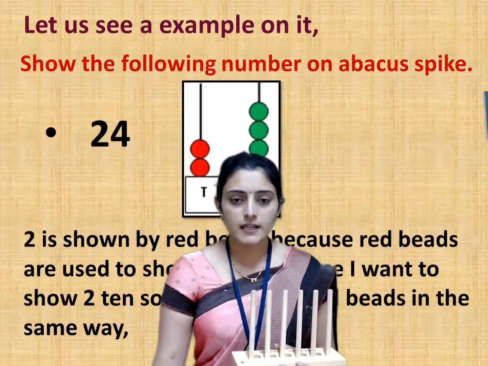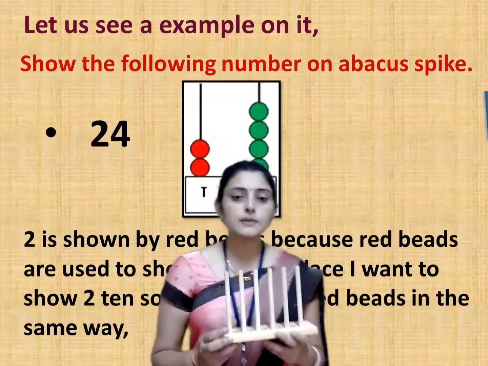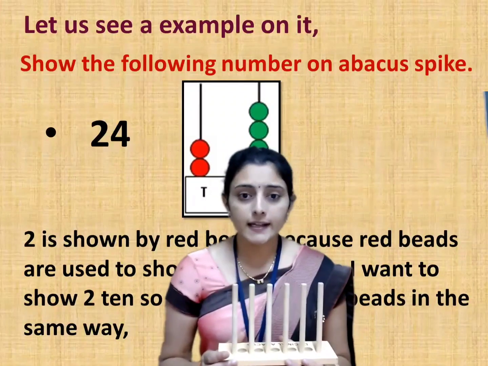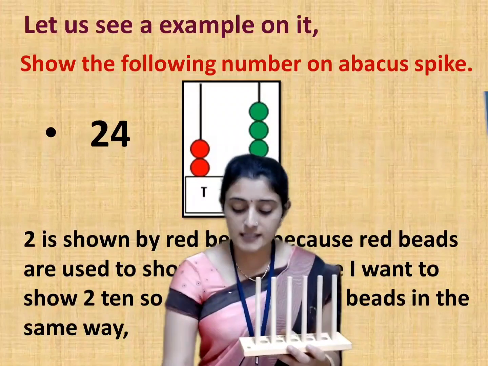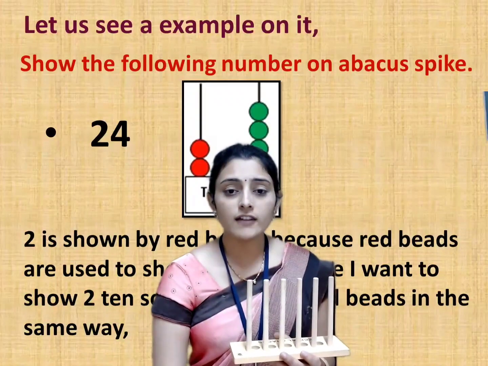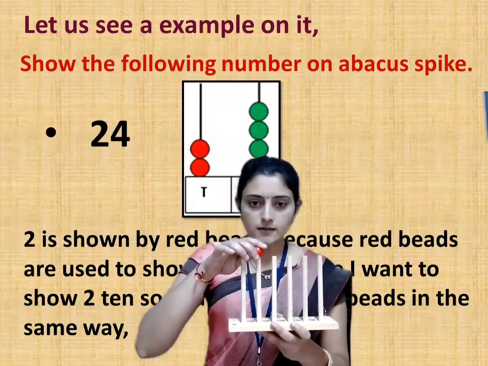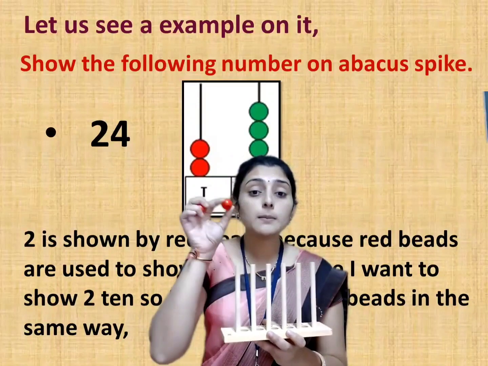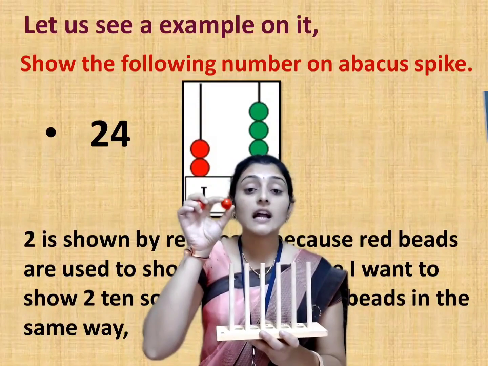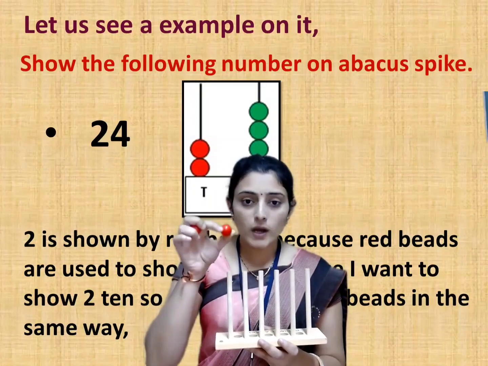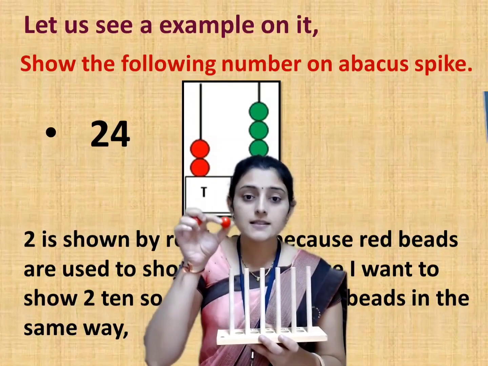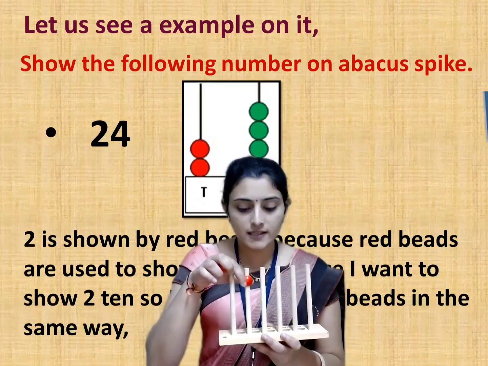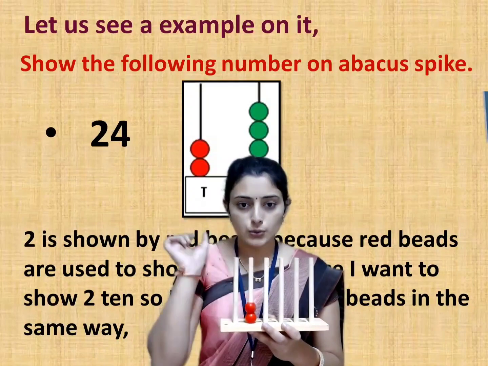So now we are going to take an example. We have taken the example of number 24. 20 means on the tens place, we will take 2 beads, because this one bead is considered as 10. So for 20 we'll take 2 beads here, 1 and 2.